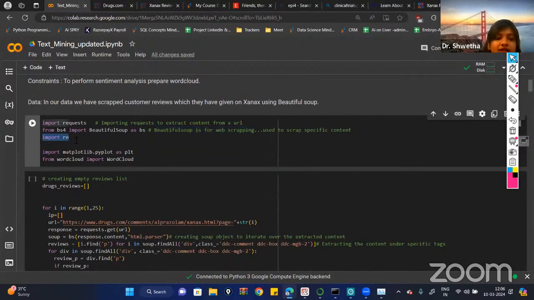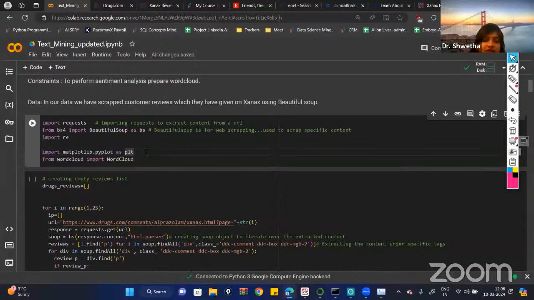re is the library for regular expressions. Whenever we want to extract data from strings, we can give some expressions and extract that particular data. So regular expressions are very important when it comes to text data manipulation. Then we are importing matplotlib.pyplot as plt, which is the library for data visualization.